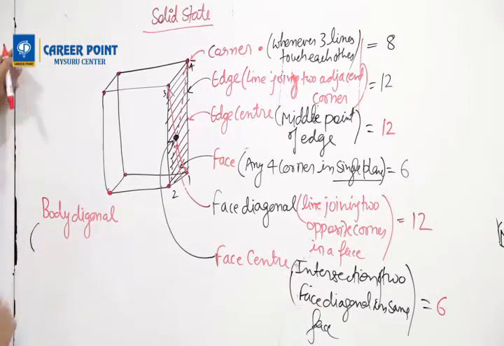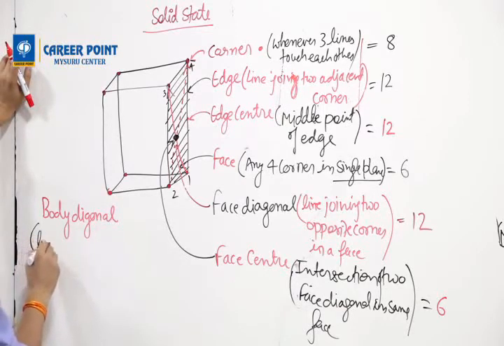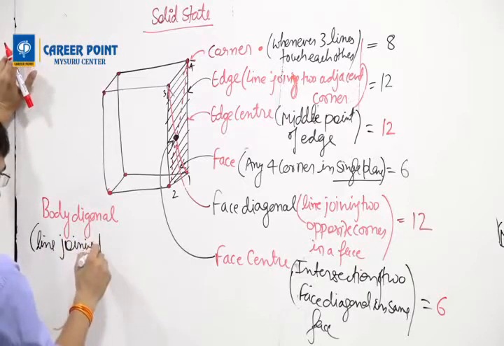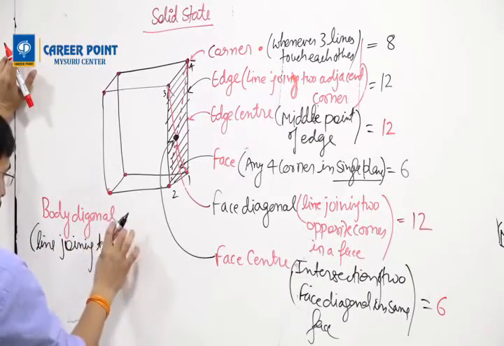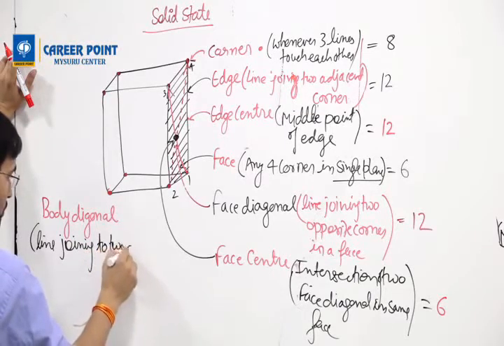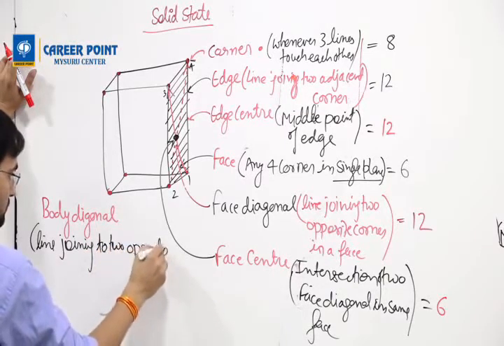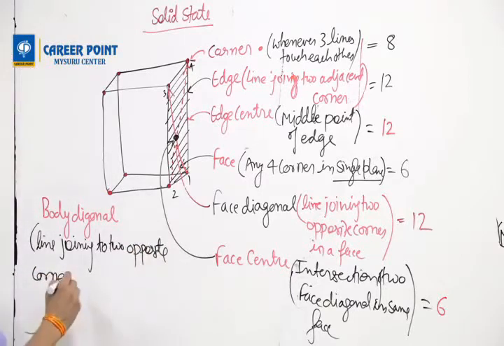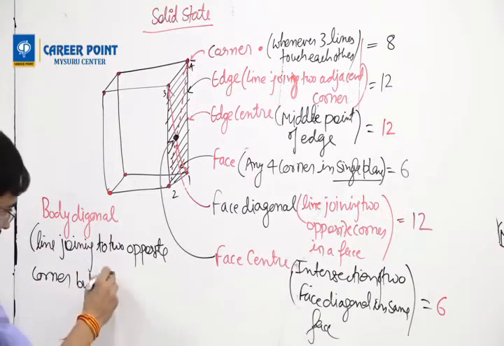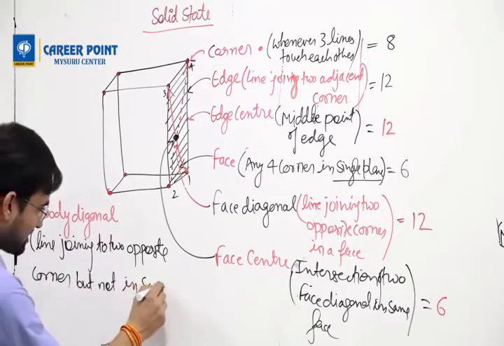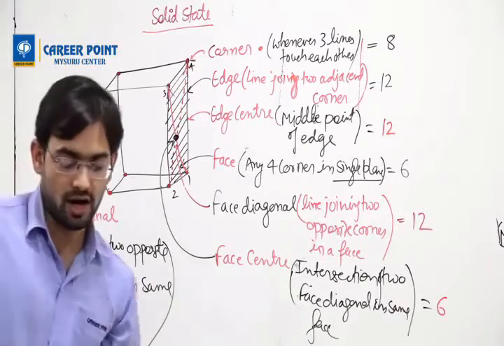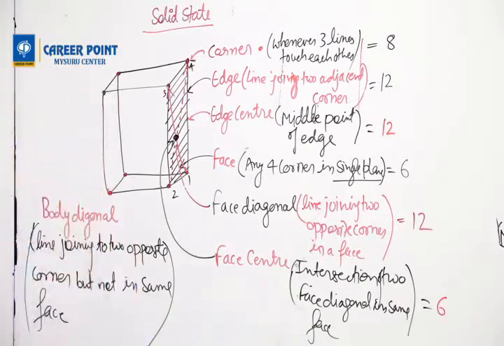Now the definition of this is a line joining two opposite corners, but not in the same face. Line joining two opposite corners, but not in the same face.